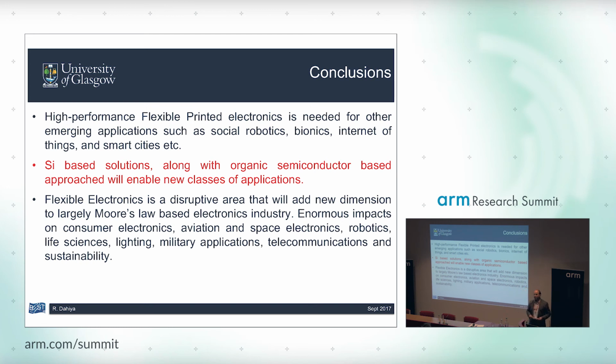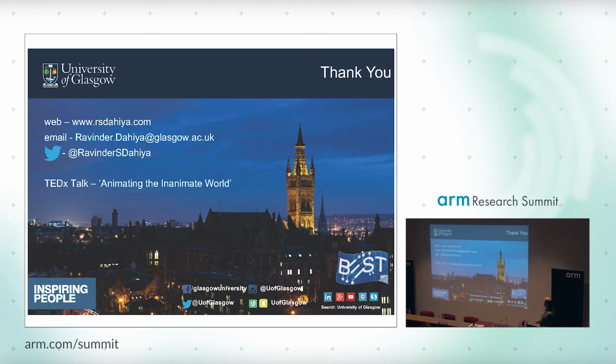If you want a completely bendable system, both together should be bendable, and that's how they complement each other. Flexible electronics, as previous speakers have also pointed out, has applications in various areas. It's a disruptive area that will add a new dimension to the largely Moore's law-based electronics industry that we have today.